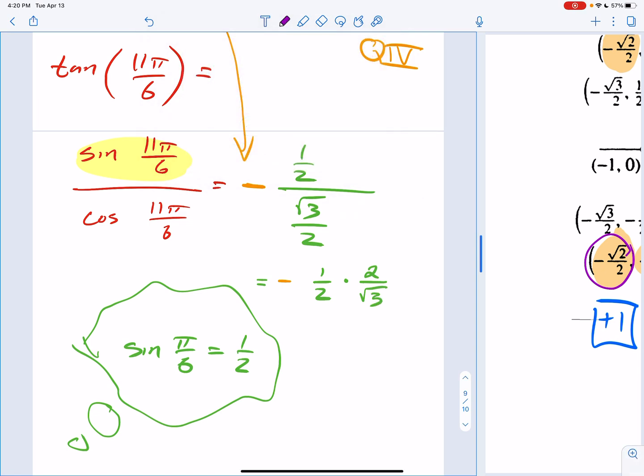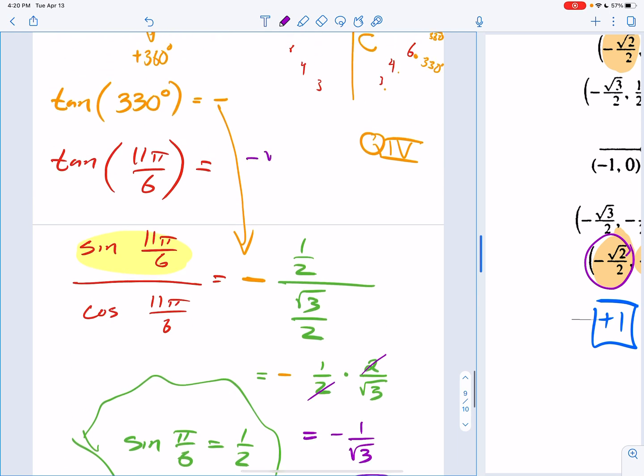I notice that the 2's will cancel out, and I'm left with negative 1 over radical 3. And remember, if we were to rationalize that, that would be negative radical 3 over 3. There are a lot of layers to this, and that's why we're practicing a lot. Tangent of 11 pi over 6 will be negative rad 3 over 3.